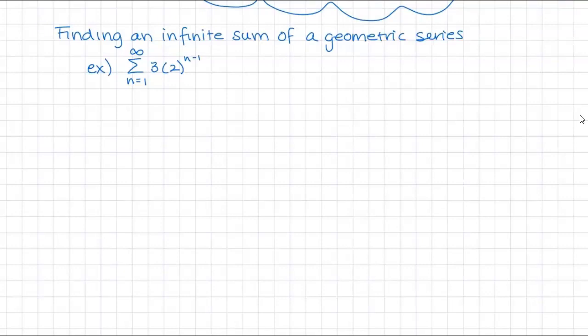Well, that means it's going to be 3, and then we're just going to keep multiplying by 2 each time. Plus 6, plus 12, plus 24, plus 48, plus, and we don't stop. Well, of course, we're going to get infinity.